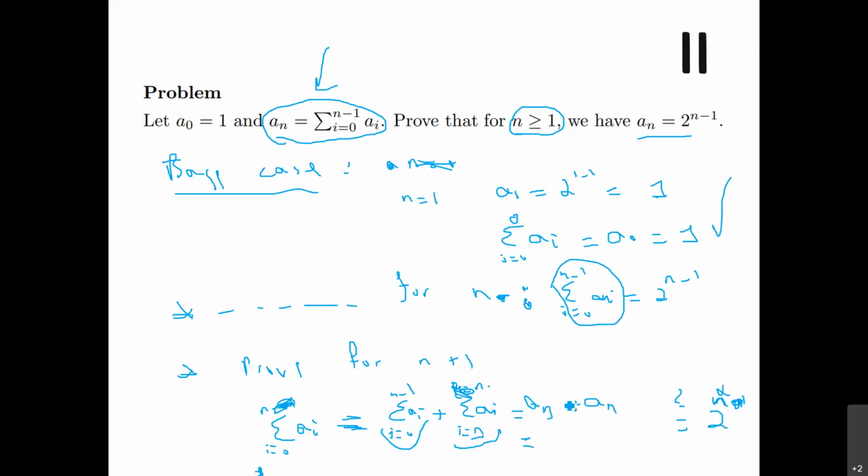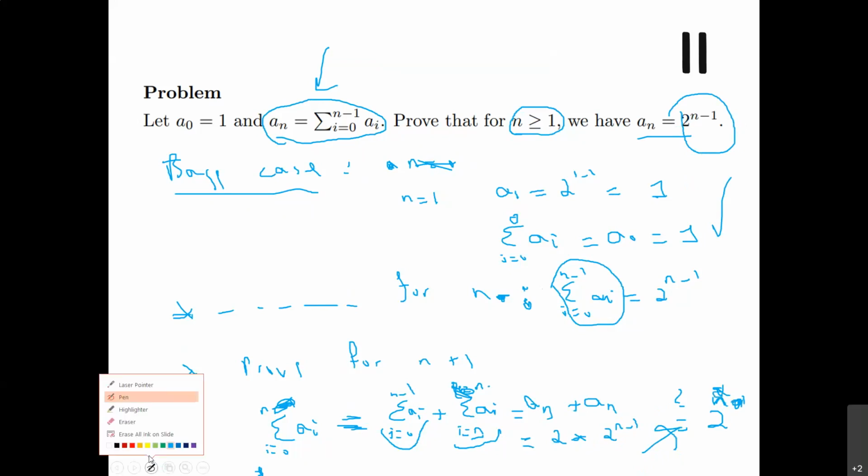But using my hypothesis, I know that a_n is 2 power n minus 1. And I have two of those. So it's like 2 times 2 power n minus 1. So done. Let me actually write it. It's pretty scribbly over there. It equals 2 power n.